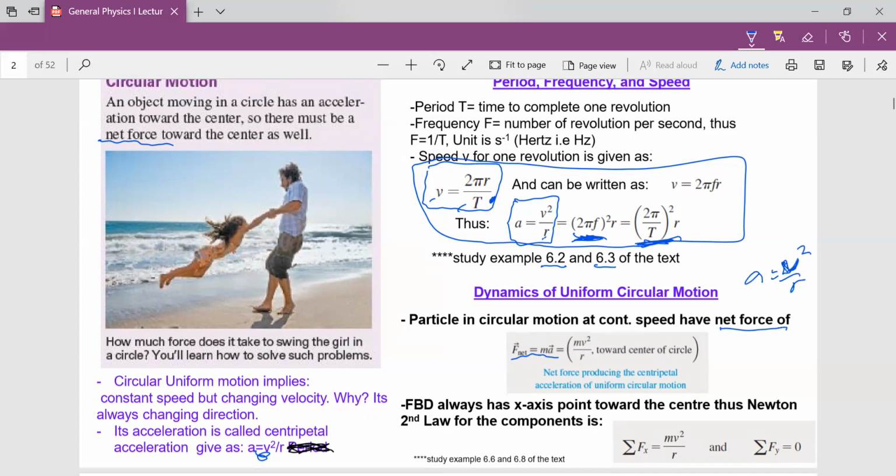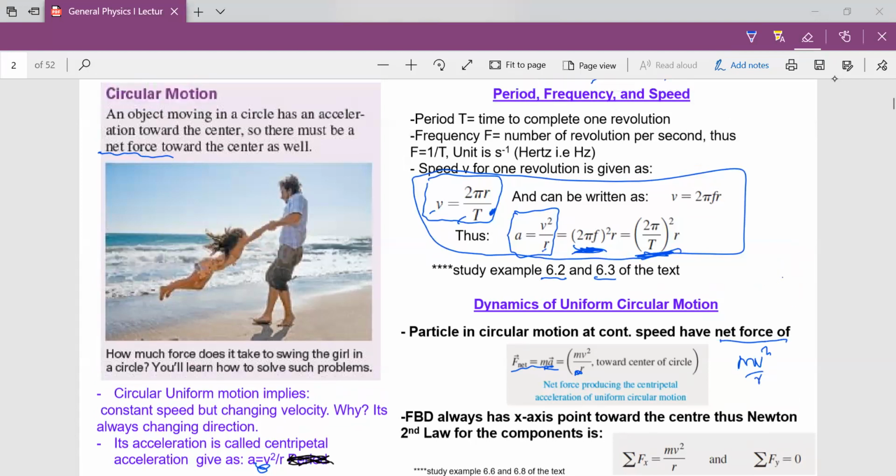If you put that into this equation, F = ma, we are going to have this value, mv squared over r, okay? So we see how the second law was used to transform that equation to what it is, all right?